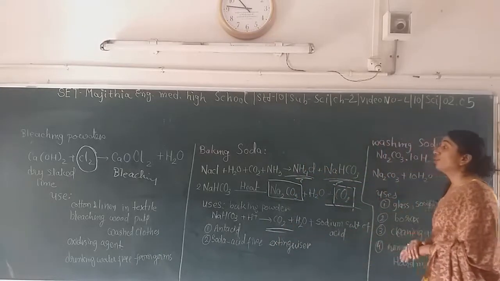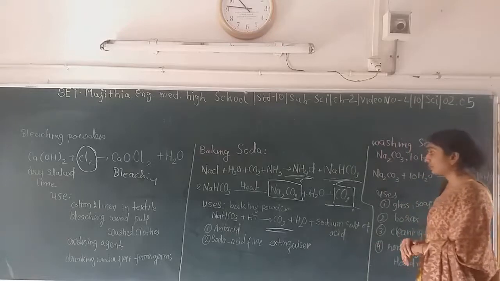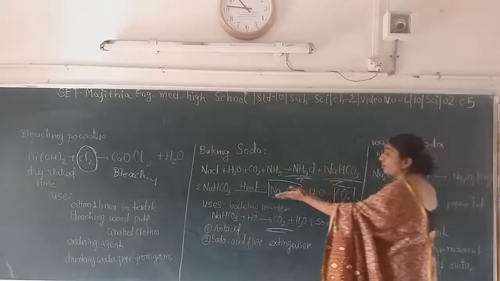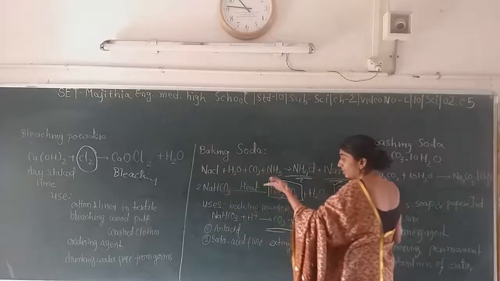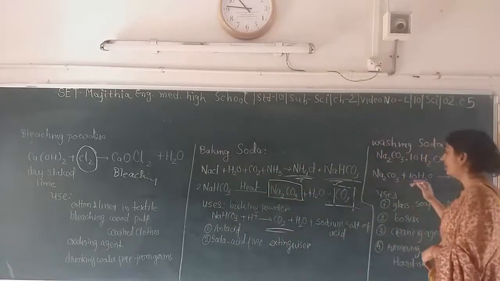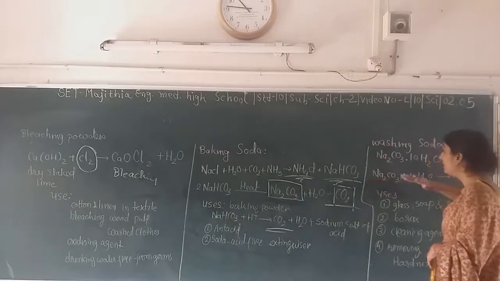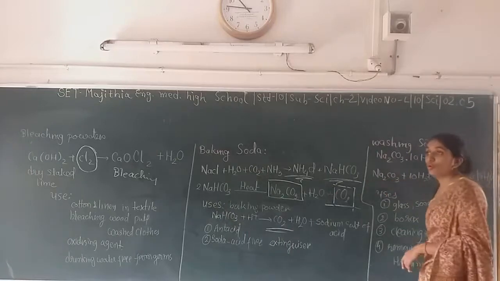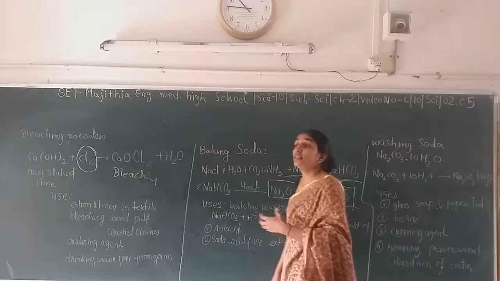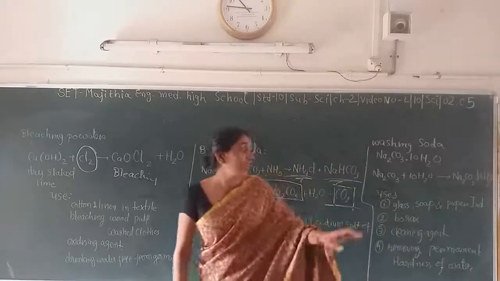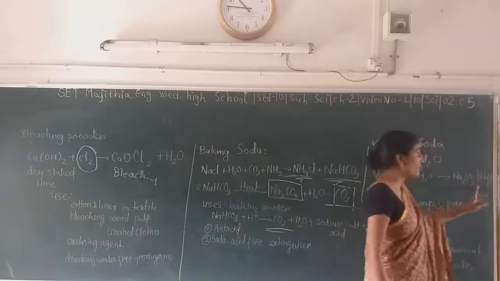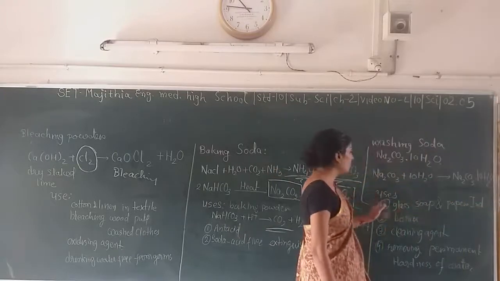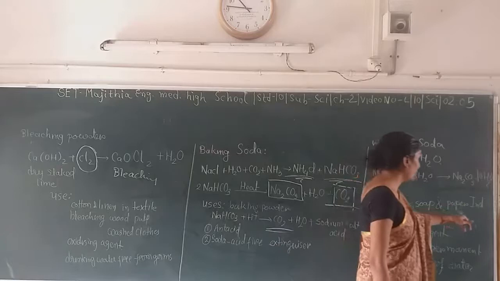Next is washing soda. Washing soda is again Na2CO3, which we got from NaCl. It reacts with 10H2O and undergoes recrystallization, and we get crystals of Na2CO3·10H2O. Its uses are in glass, soap and paper industries.